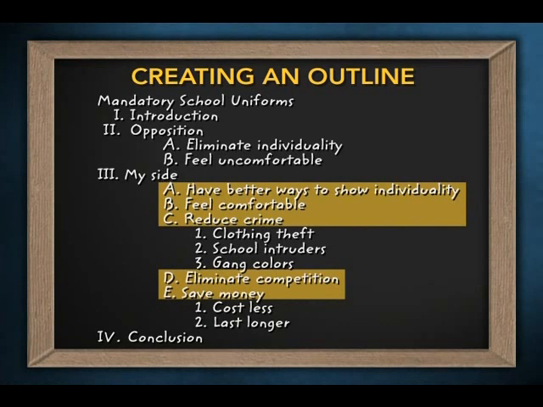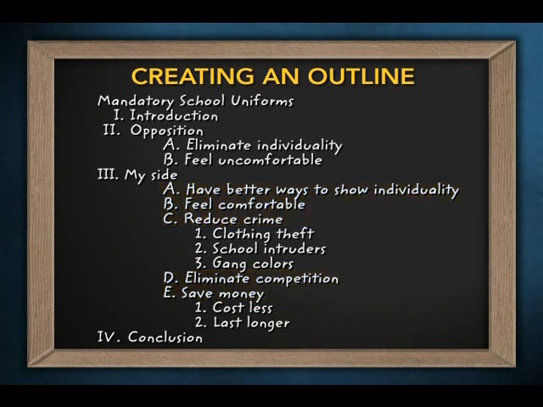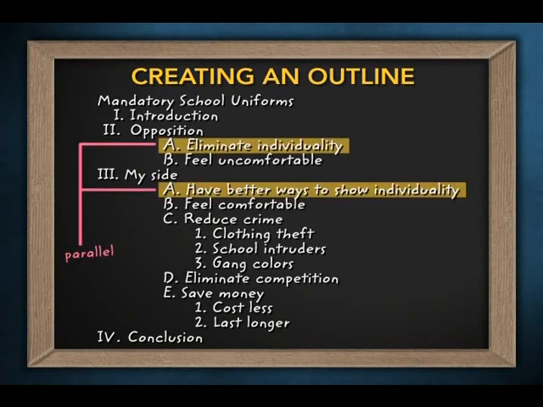Let's take a closer look at this for a moment. I've started out with my introduction. Then I have dealt with the opposition to show that they have some valid points, but my points are more valid. So my Roman numeral 2A parallels my Roman numeral 3A.